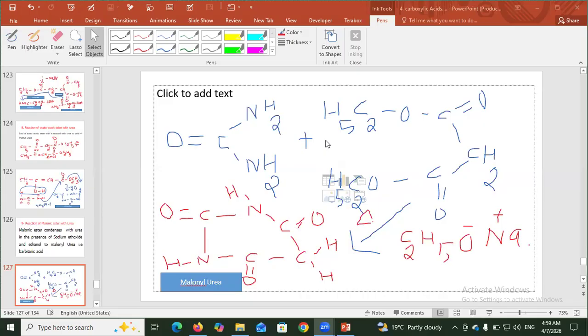Urea is condensed with malonic ester in presence of sodium ethoxide produces malonyl urea.